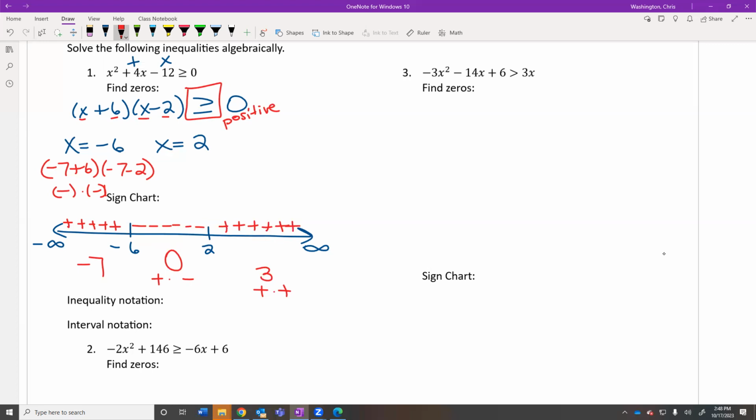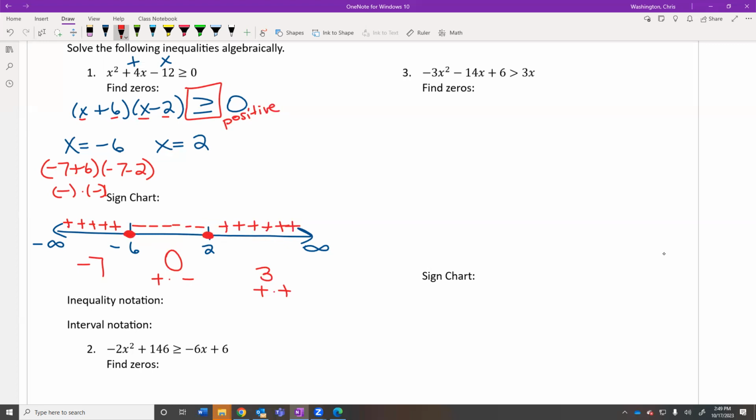So where is my function positive? Well, it's positive from -infinity to -6 and from 2 to infinity. So this is also equal to, which means my endpoints 2 and -6 are going to get a closed dot.